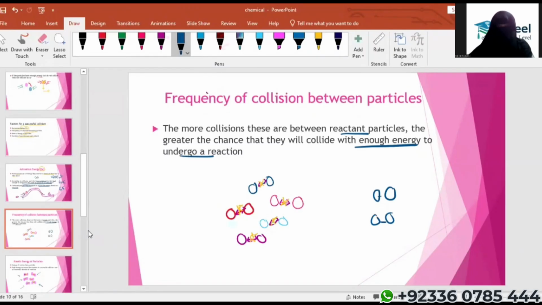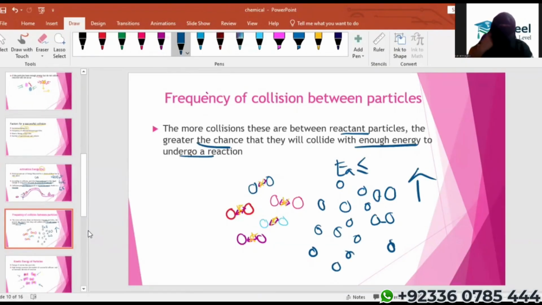But if the frequency of collision between reactant particles increases, there is a greater chance that they will collide with each other with sufficient energy that is equal to or greater than activation energy, and so there is a higher chance for a reaction to take place. Because if particles collide with each other more often, the chances of a successful collision will increase.